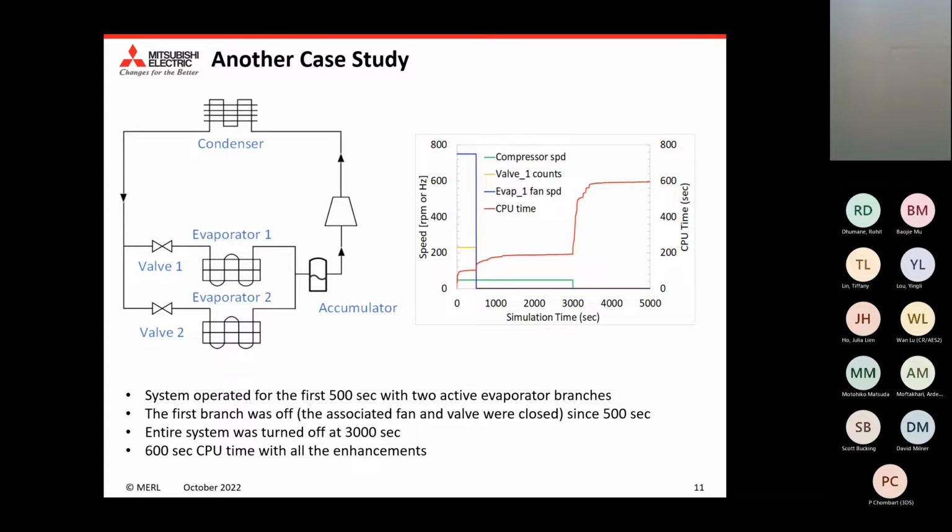And at 3,000 seconds, the entire cycle will be turned off. So as you can see, with all these enhancements, we can simulate the scenario with reasonably fast speed.